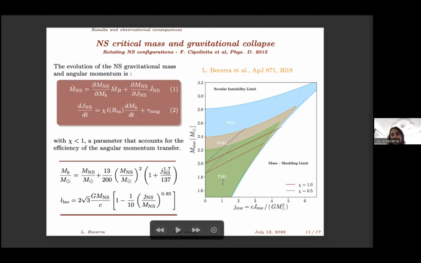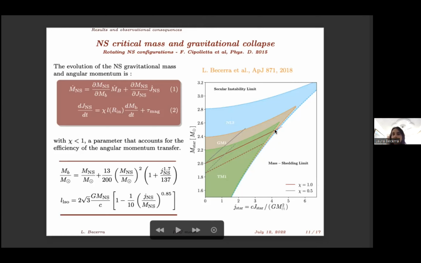So here we see two evolutions in the plane of the star mass and angular momentum. And we see, for example, if the star accretes angular momentum efficiently, which corresponds to the red line of this plot, both stars, the new neutron star, which is the dashed line, and the neutron star companion, the solid line, will quickly reach the mass-shedding limit.